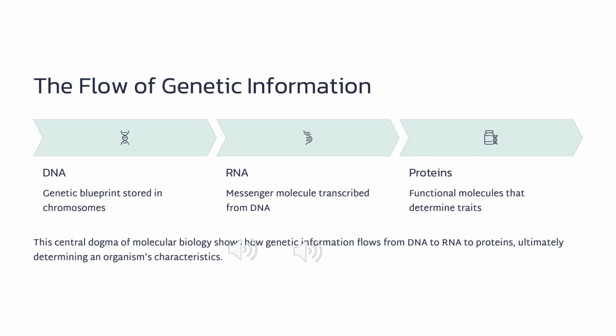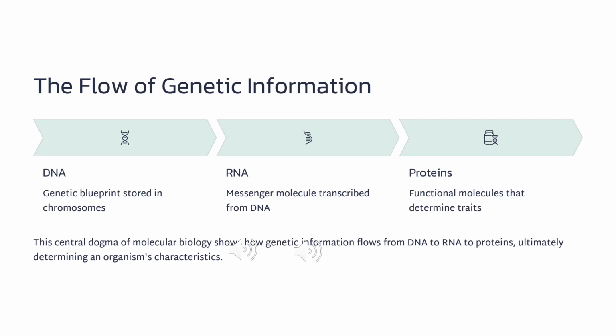From this chromosome, the genetic information will be transcribed through messenger RNA molecules from DNA to RNA, and then later translated into functional molecules that determine the trait, and this is at the protein level, where it codes for the protein and expresses that particular trait.